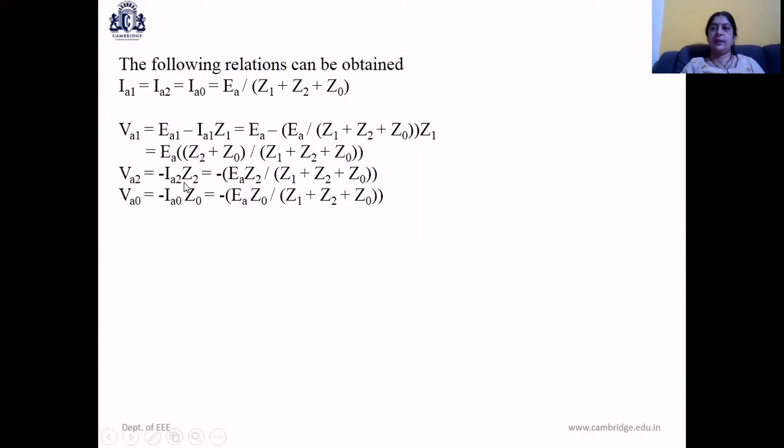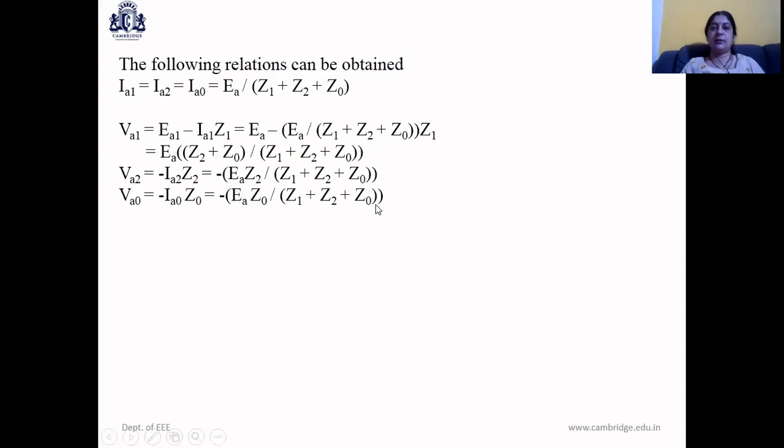VA2, that is the drop in the negative sequence network, is equal to minus IA2 Z2, that is minus EA Z2 by Z1 plus Z2 plus Z0, and VA0 equals minus IA0 Z0, which is equal to minus EA into Z0 by Z1 plus Z2 plus Z0.